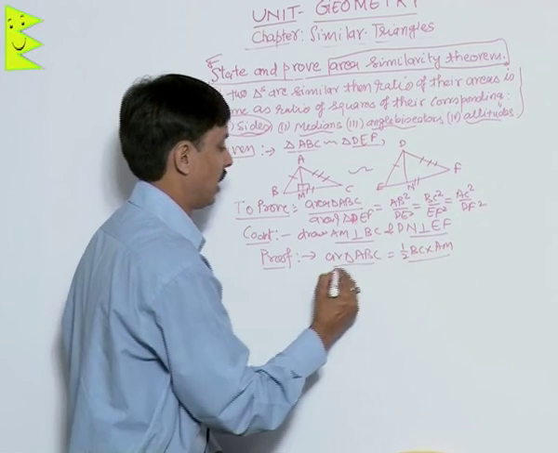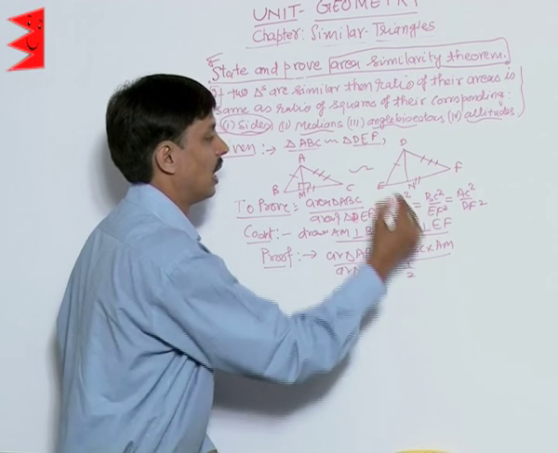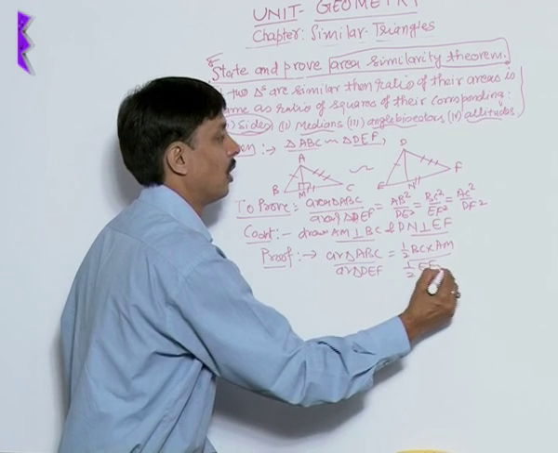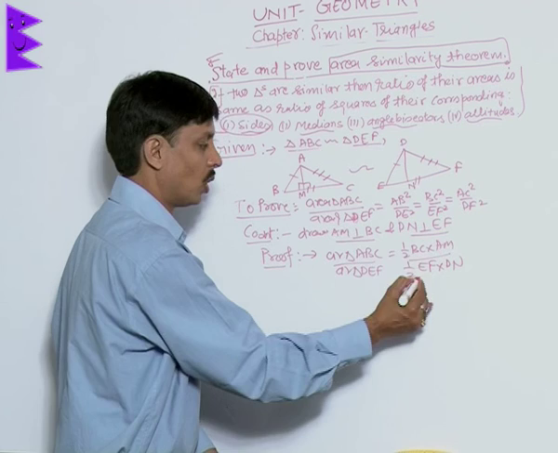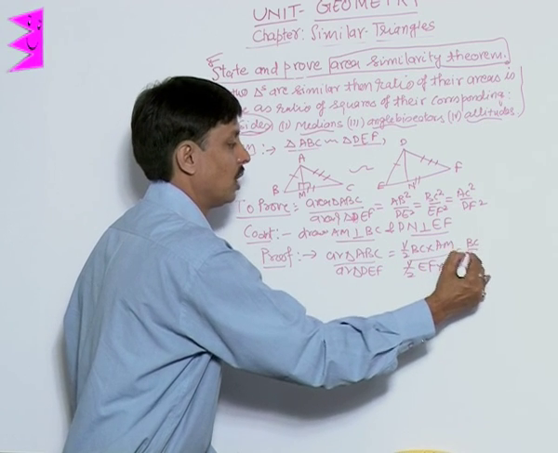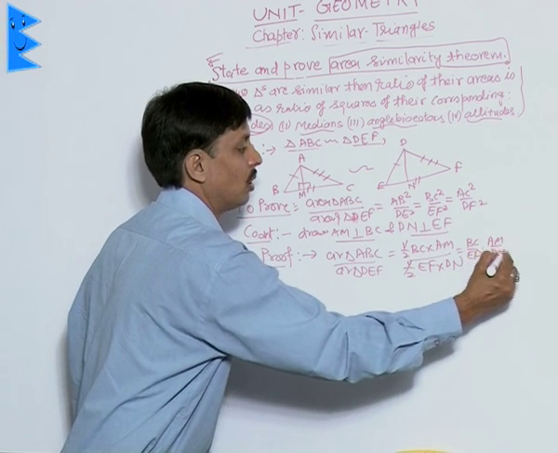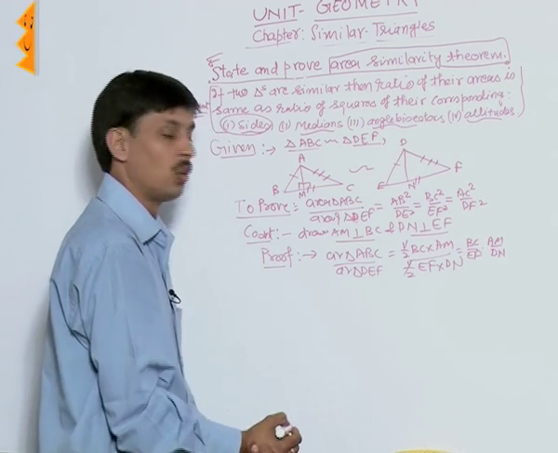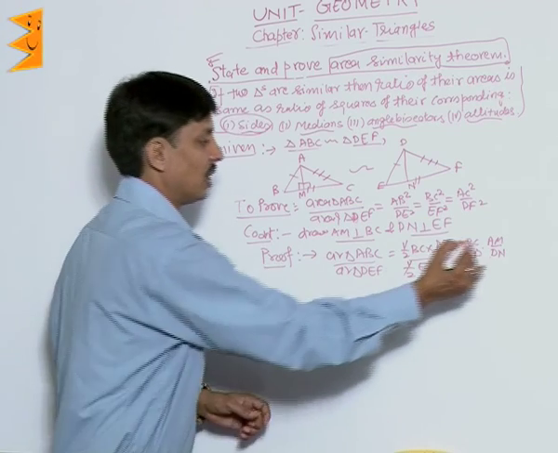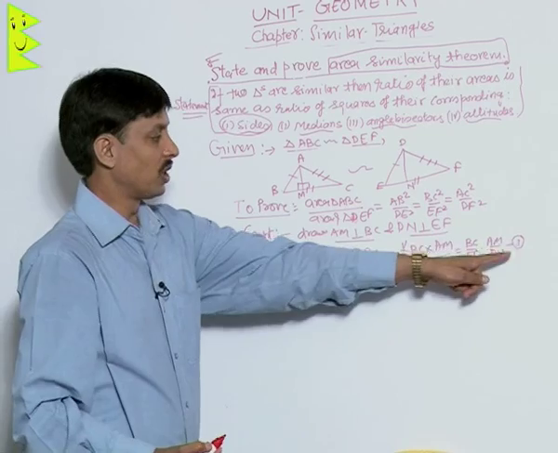Then the area of triangle DEF is half EF into DN. So half and half cancel, and I get BC upon EF into AM upon DN. This is equation number 1.